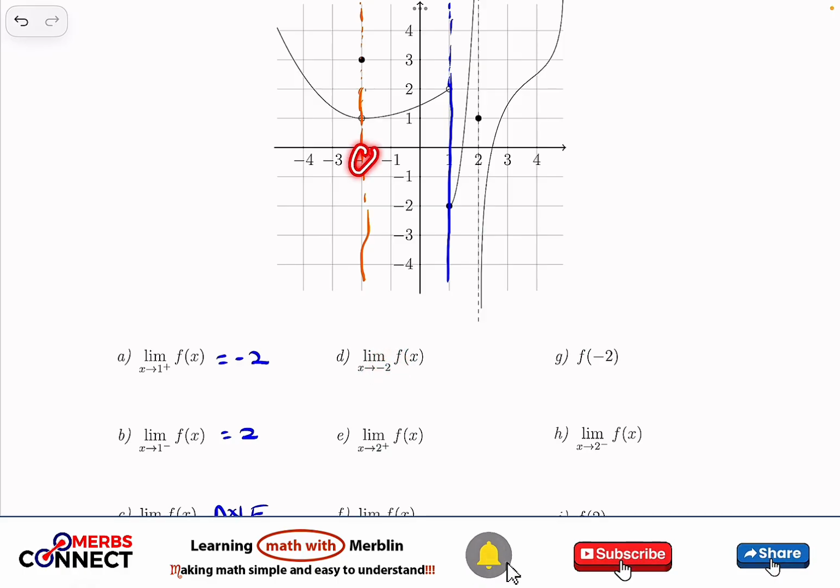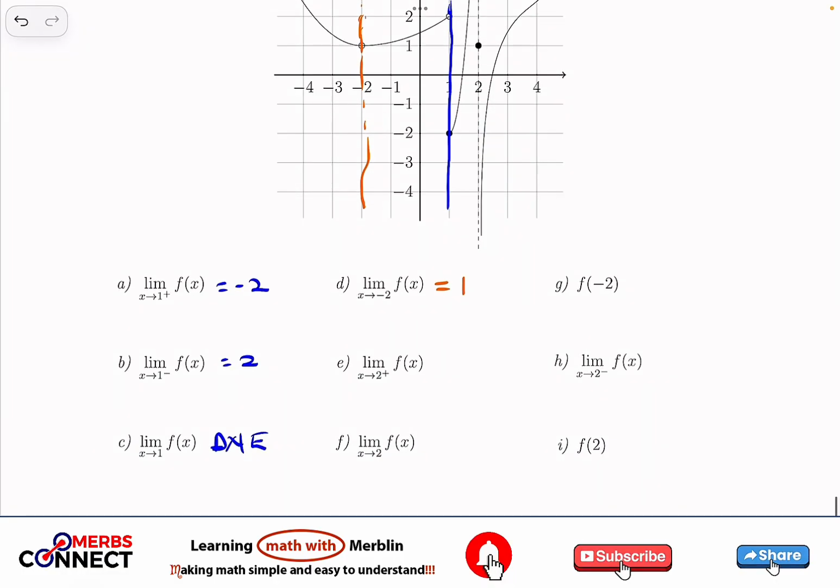So on -2, this is the positive side and this is the negative side. And we see that they are all meeting at one point. This is coming here, this is also coming here. So we get to the y-axis and we have it to be 1. So this is equal to 1 because the left is approaching 1 and then the right is also 1, right? So they all meet at one point. So we are getting it to be 1.